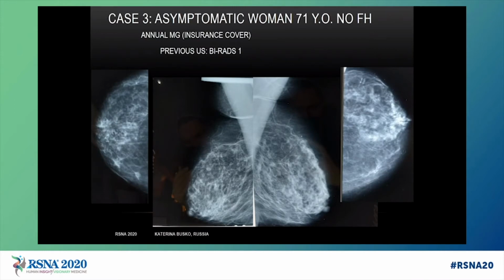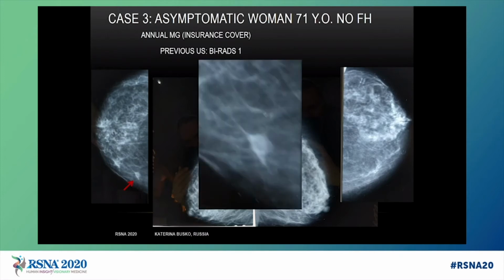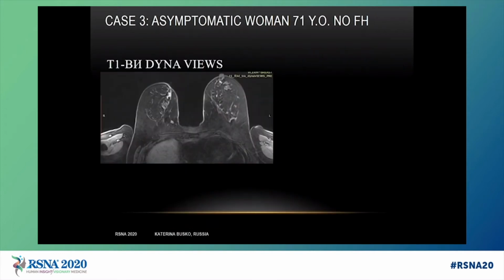The last case: an asymptomatic woman, 71 years old, no family history, previous ultrasound, no lesion, BI-RADS 1. On mammogram, high density mass, irregular oval shape, circumscribed margin, no calcification, BI-RADS 4 category. Next action is MRI.